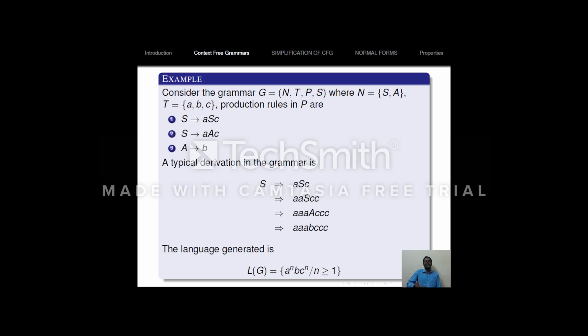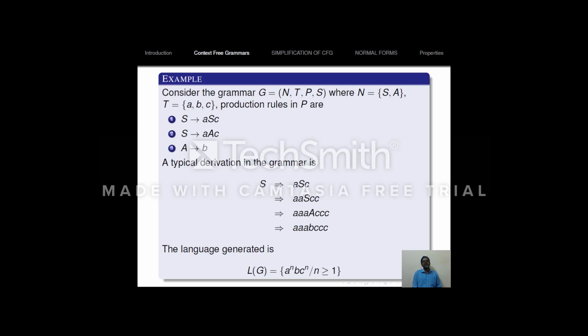Then after that, I can apply the A rule, which ends with the termination, A goes to small b. So I have triple a, b, triple c. Now in generalizing this type of derivation, we will conclude that there are two S productions. One S production generates one small a on the left and one small c on the right.